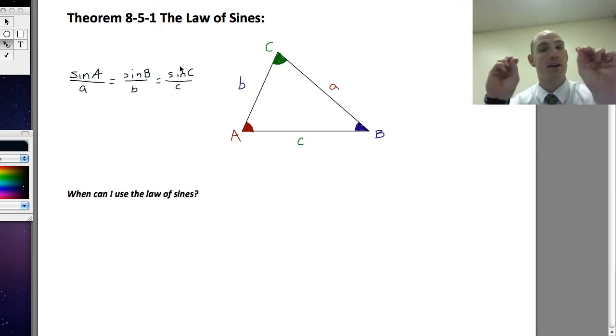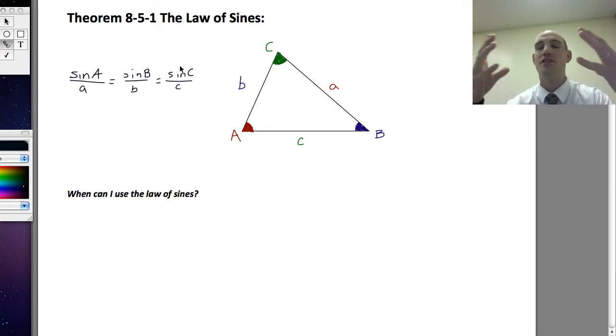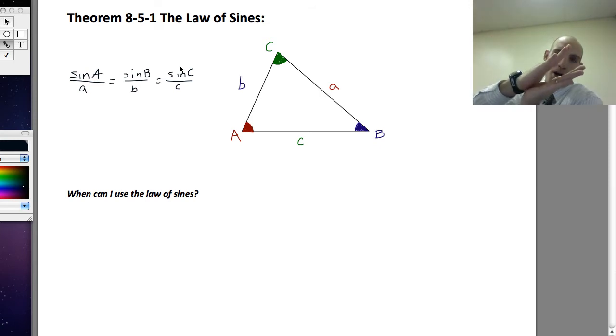Because this relationship exists, and because of the nature of triangles, the small angle over the small side is going to be the same as the big angle over the big side.